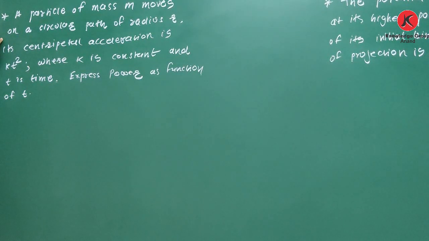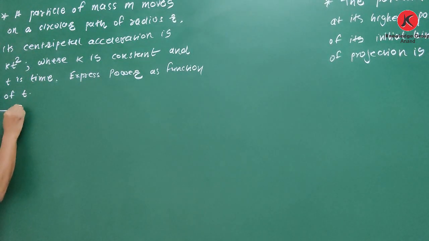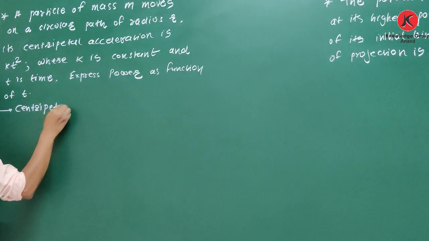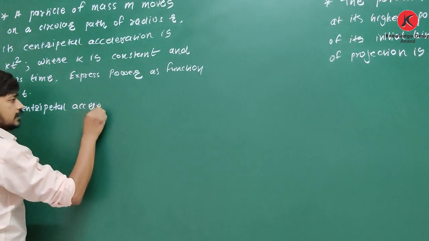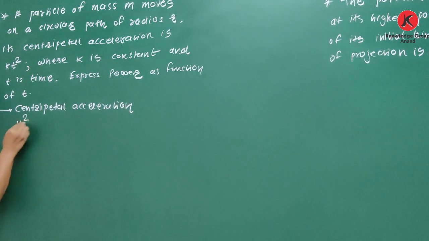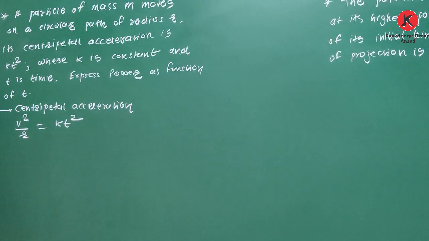It has some centripetal acceleration, and that centripetal acceleration is given by kt square. So I can write centripetal acceleration v square upon r is equal to kt square. You have to find power as a function of time.